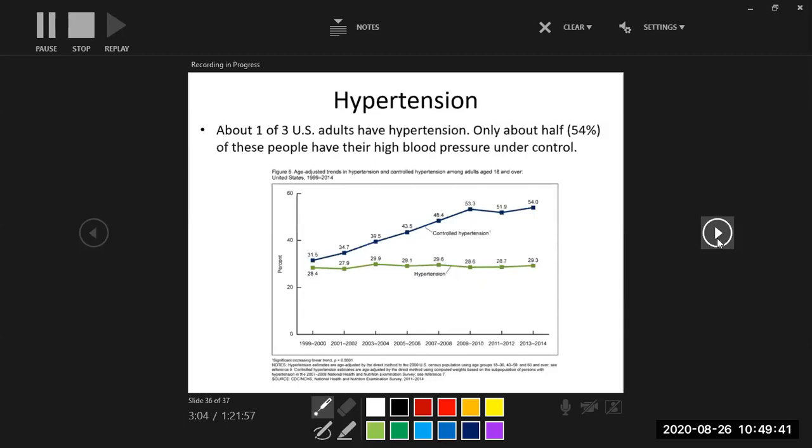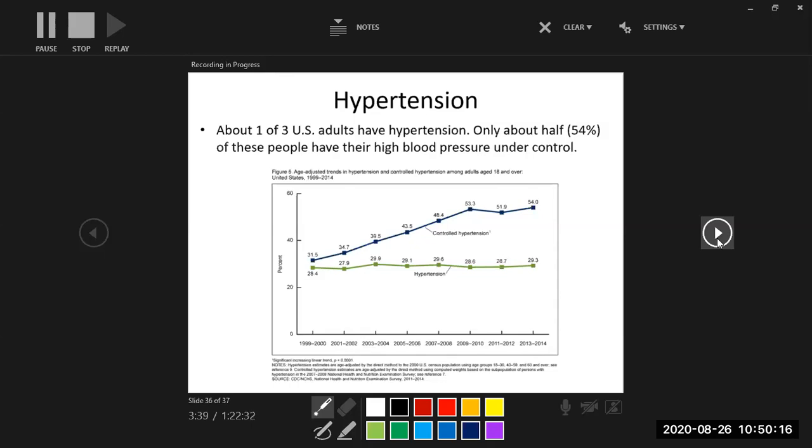So here I show you that the prevalence of hypertension is very high in our society. And one thing you need to know is that hypertension doesn't really make a person feel sick. Here it shows that only about half of the people who have hypertension have really managed it.